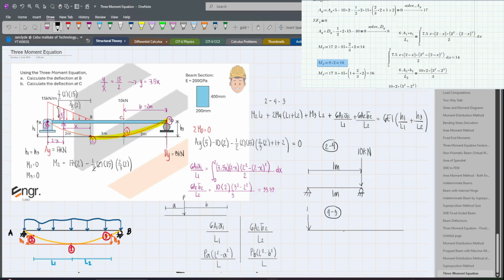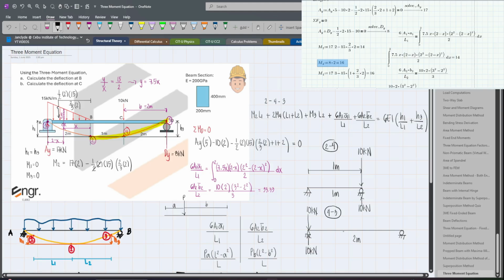Andito yung 10, then this is 2 meters. Kapag gagawin mo yung simply supported, the only reaction that will come out is andito lang, 10 kN. Same sa first figure. So, wala ring 6A2 barred B2.